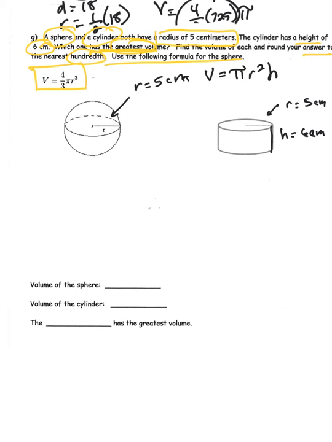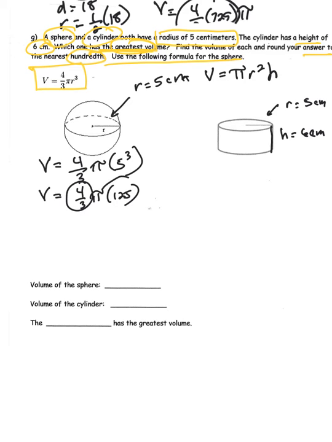So even if they don't mark them on the figures themselves, they did give it to us in text. So we'll start with the volume of the sphere. So we have 4/3 times pi times 5 to the third power. So that's 4/3 times pi times 125.